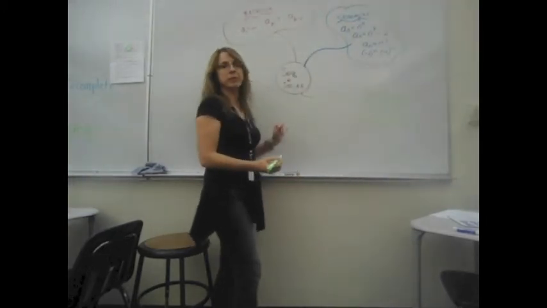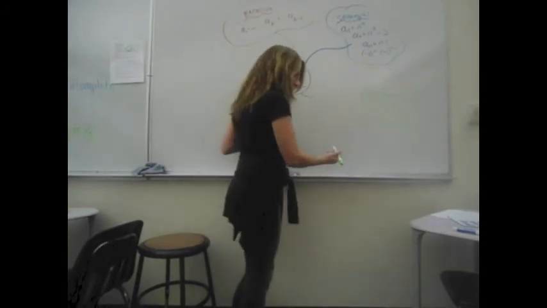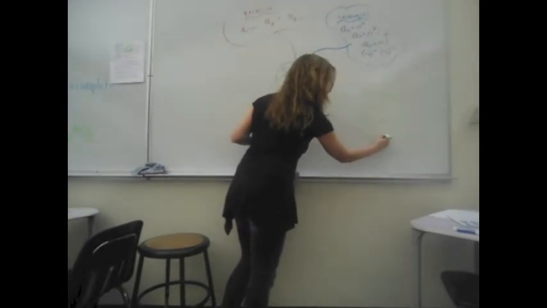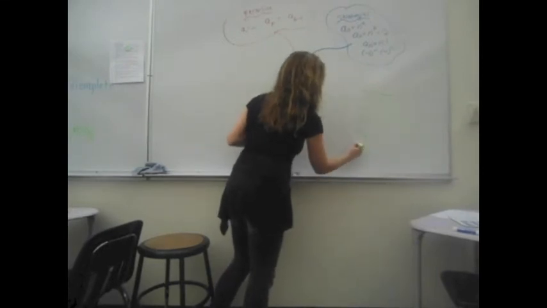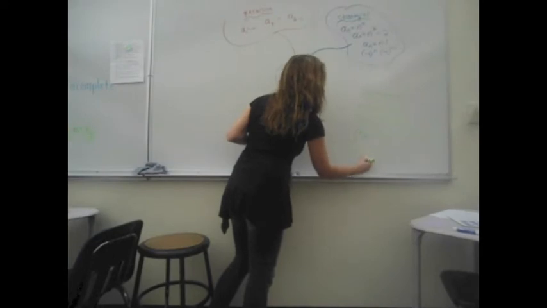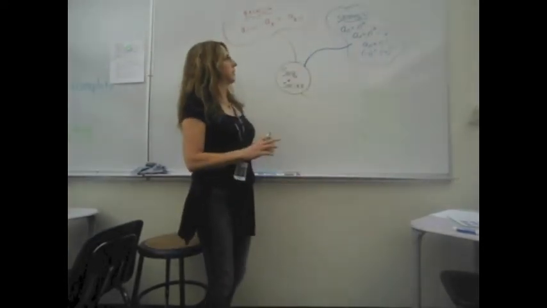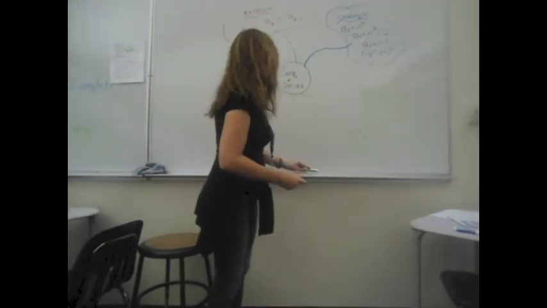And I would probably include a jumping type problem, something like a sub 20 equals a sub 4 plus 16d. That reminds me of the jumping. Once again, feel free to add more stuff to your arithmetic. This is just a tutorial on how to go about making a mind map.